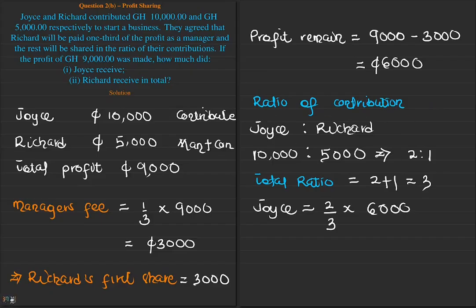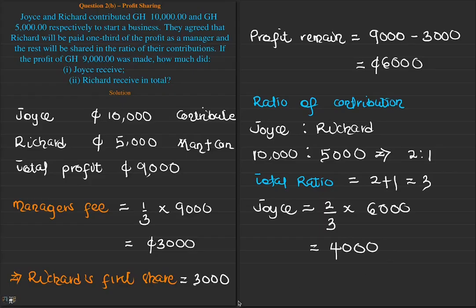And then for Richard's share, you'd also multiply the one part by Richard's and then you'd get your answer. But this is also fine. So 2 over 3 times 6,000. We have our 3 dividing 6 twice. And that gives us 2,000. 2,000 times 2 then gives us 4,000. So it means Joyce's share is actually 4,000.